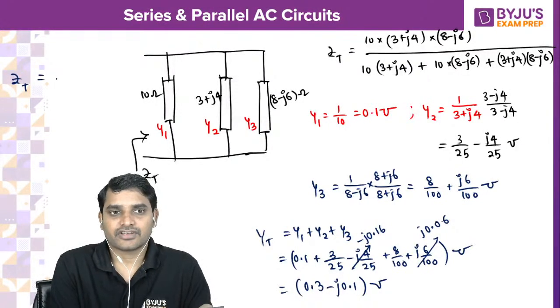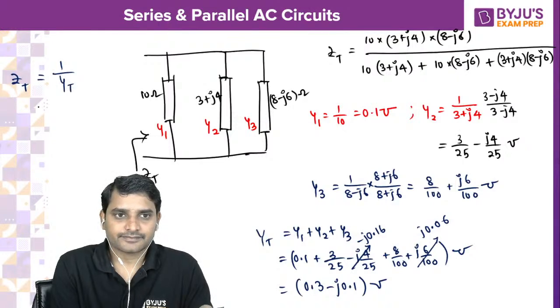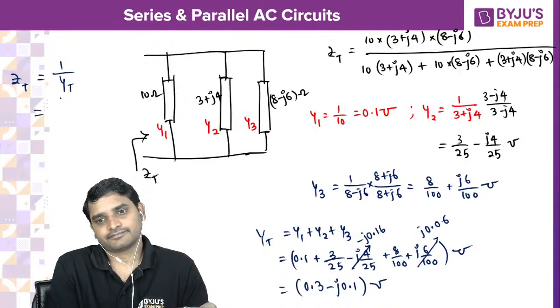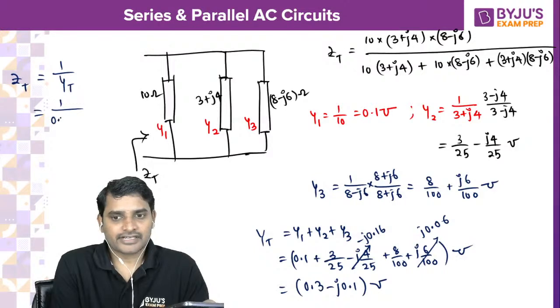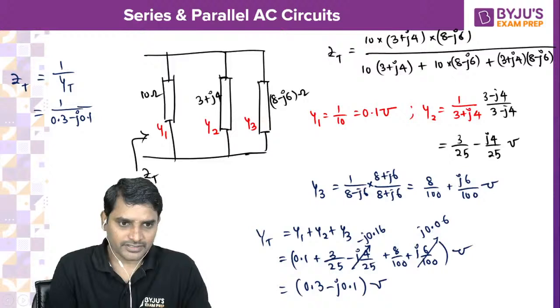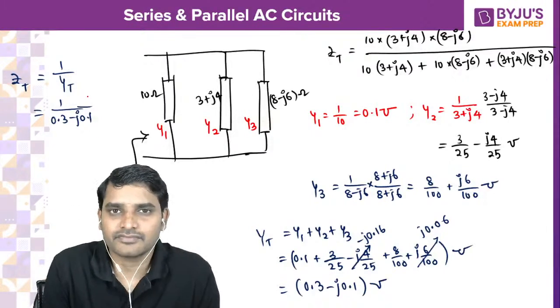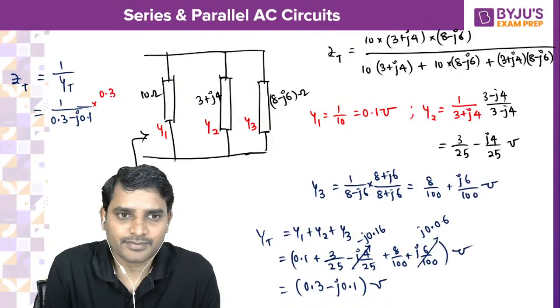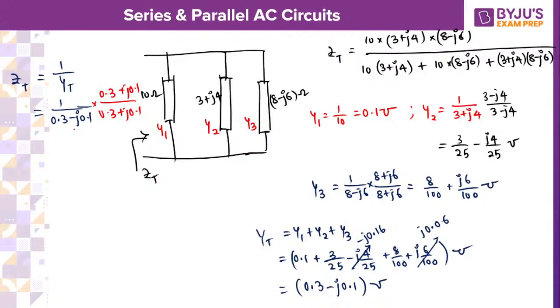Now you can take total zt, which is going to be 1 by yt, so 1 by 0.3 minus j0.1. The only thing is you have to cross multiply: 0.3 plus j0.1 divided by 0.3 plus j0.1.